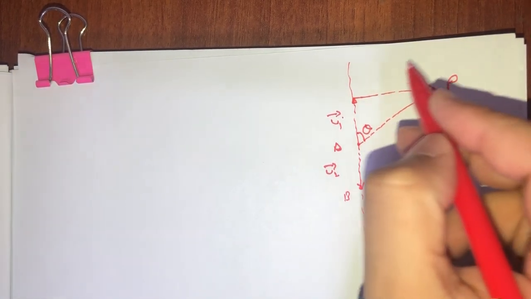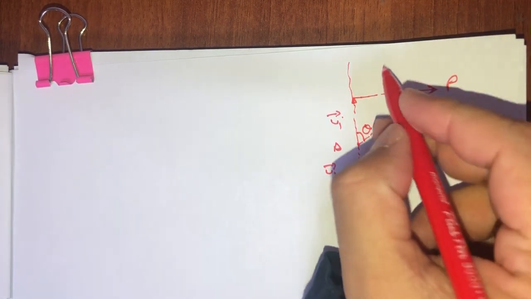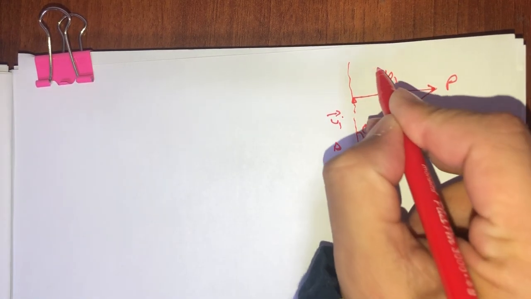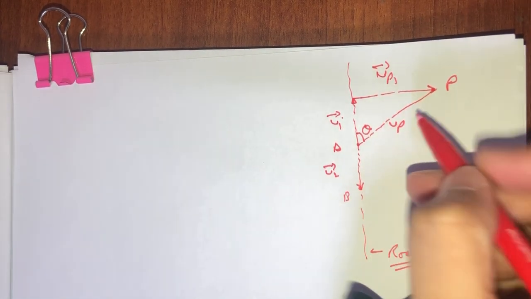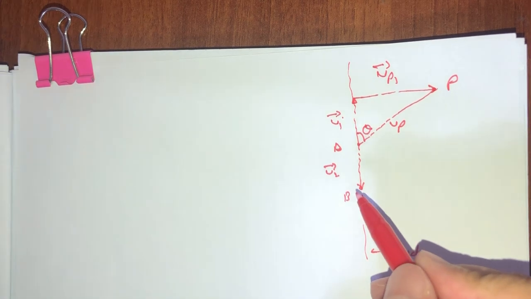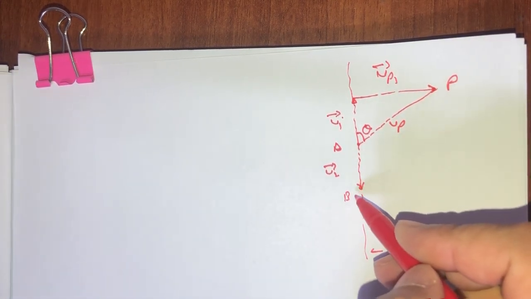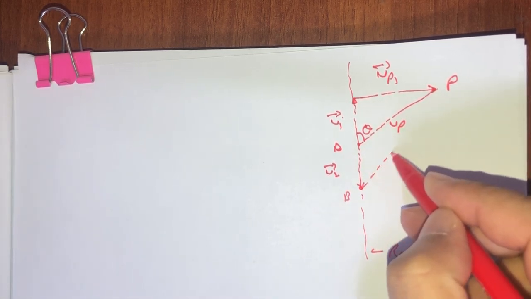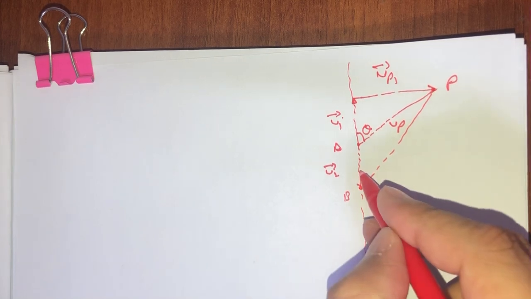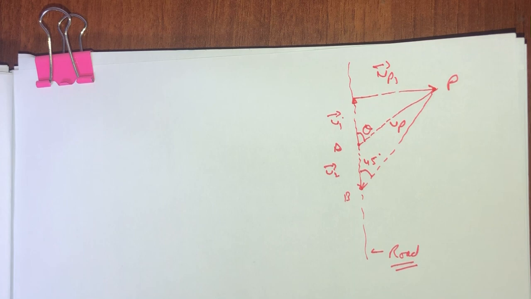So this is the relative velocity Vp1, and let us call this velocity Vp. And second, it is being observed by the observer sitting in the second vehicle at an angle of 45 degrees to the road. So this is the basic information which is available.